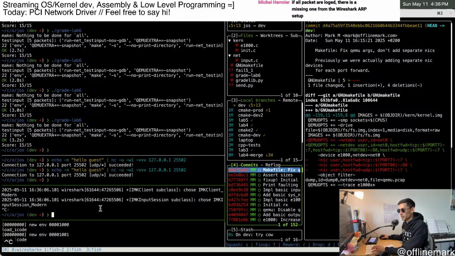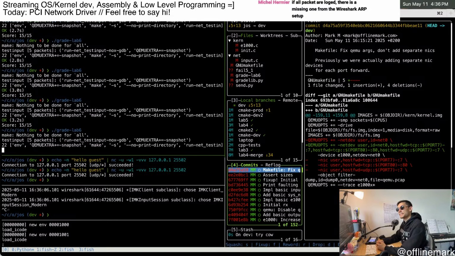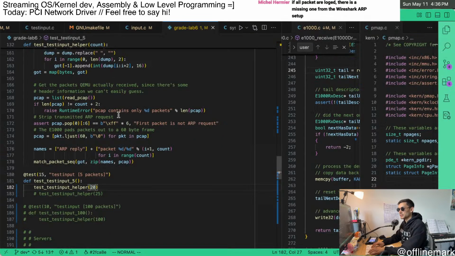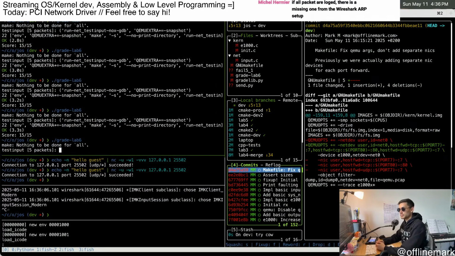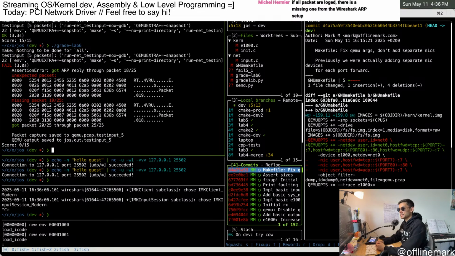I just tried to run Wireshark, but it didn't create anything because it is passing the tests. One more time. Very odd. 25? Okay, we got our failure.